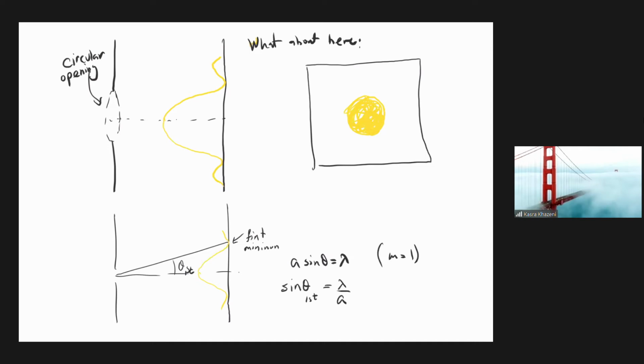Instead of those slit-looking things, now it's a circular spot. And then you have the secondary maxima around it as a ring, and so on and so forth. So this is face on.